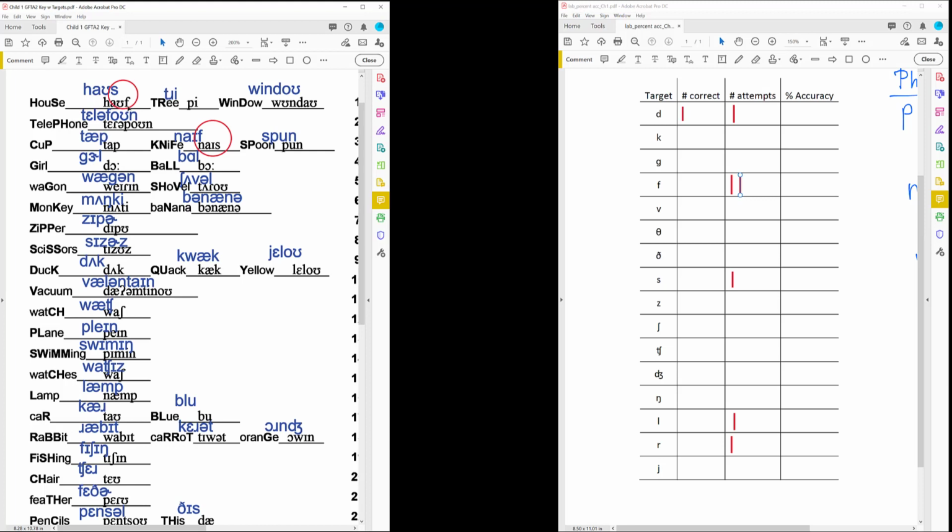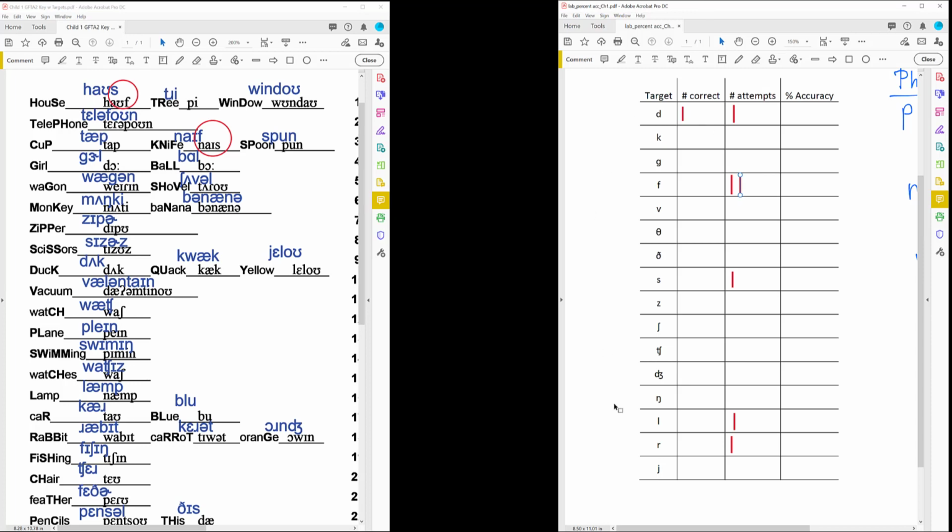So this child produces an F here where there should be an S, and they produce an S where there should be an F. Now if we were doing something like a phonetic inventory, we'd be counting and giving the child credit for every production they make, regardless of what the target is. So the child would get credit for producing an F here, get credit for producing an S here.